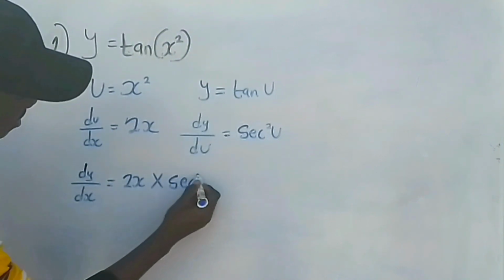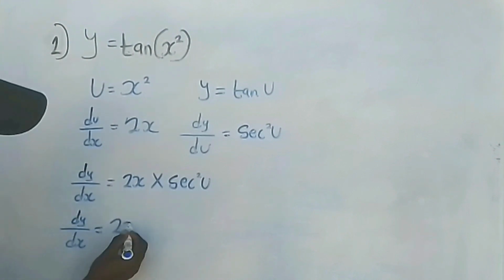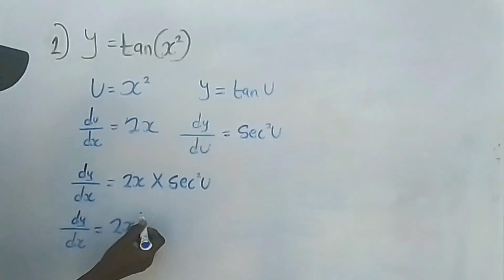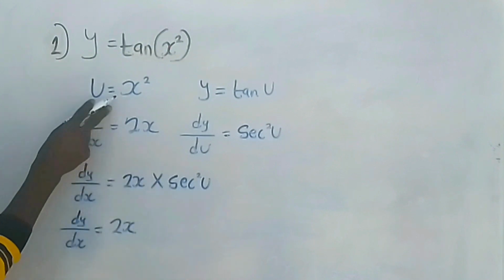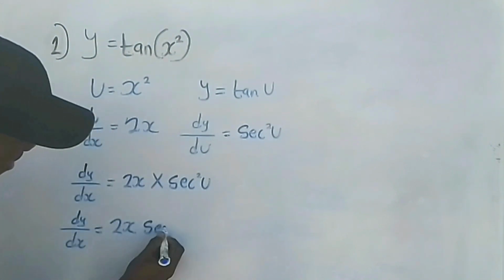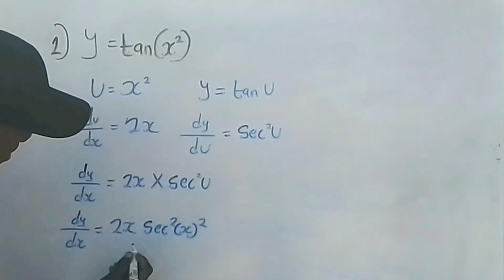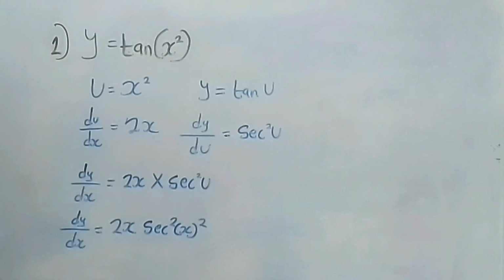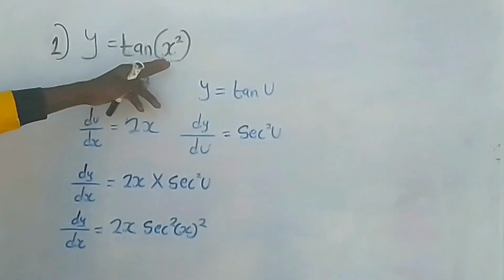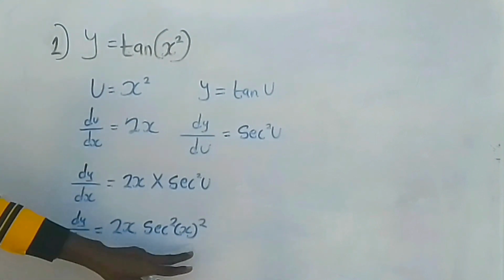So dy/dx is equals to 2x sec square u. Don't forget that u is equals to x squared. So I'm going to have 2x sec square x squared. So the derivative of y is equals to tan x squared is 2x sec square x squared.